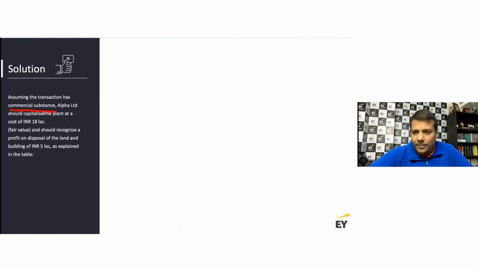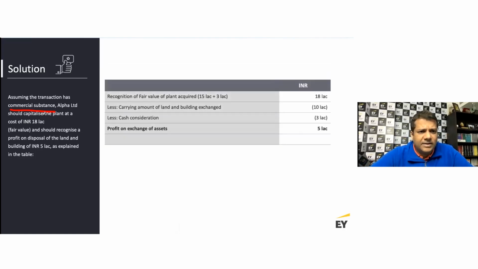Alpha Limited should capitalize the plant at a cost of INR 18 lakhs, which is the fair value, and should recognize a profit on disposal of the land and building of INR 5 lakh, as explained in the table, which is fairly simple. Recognition of fair value, less carrying amount of land and building, less cash consideration, and profit is 5 lakhs.